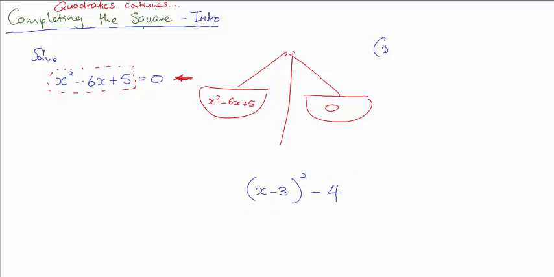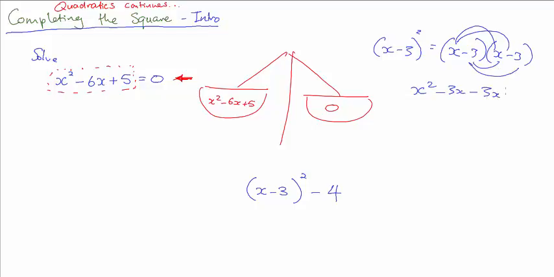So let's first work out x minus 3 squared, which just literally means multiplying two brackets together, which are both x minus 3. The first thing we do is x squared, then we get minus 3x, then another minus 3x, then a minus 3 times minus 3, which is a plus 9.